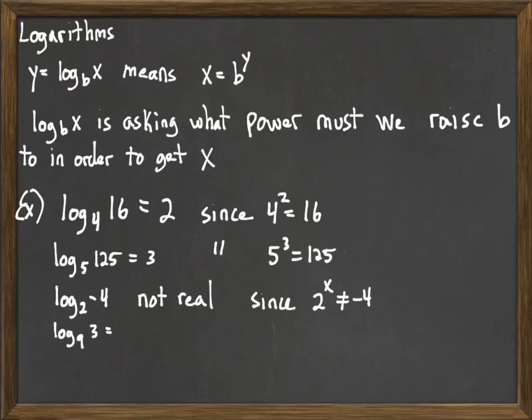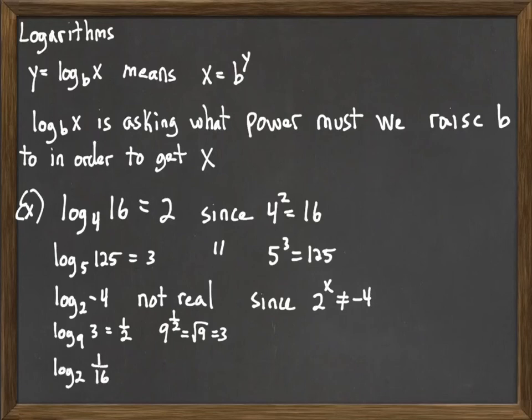None of those are going to get 3 because 3 is smaller than 9. But you might recall that fractional powers will do the trick for us. Because remember, raising 9 to the 1/2 is the same as the square root of 9, which is 3. So log base 9 of 3 is 1/2.